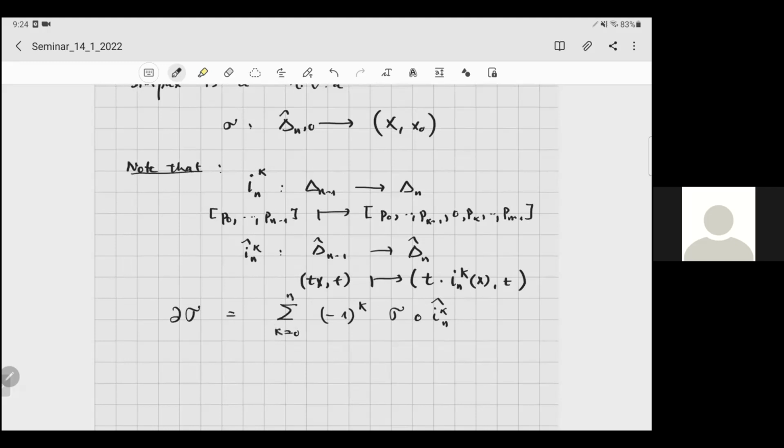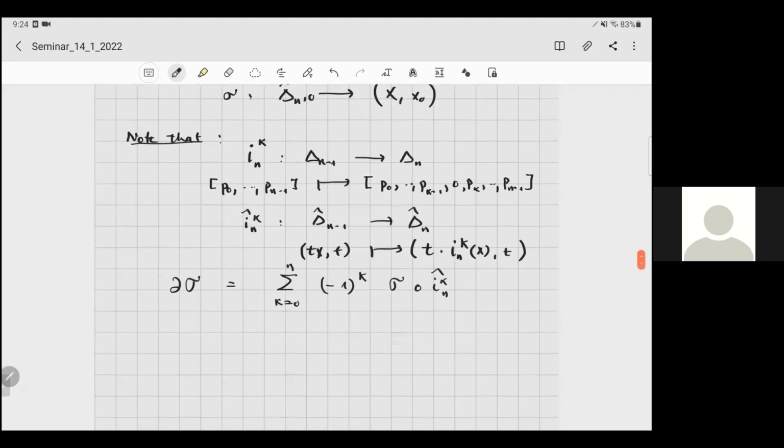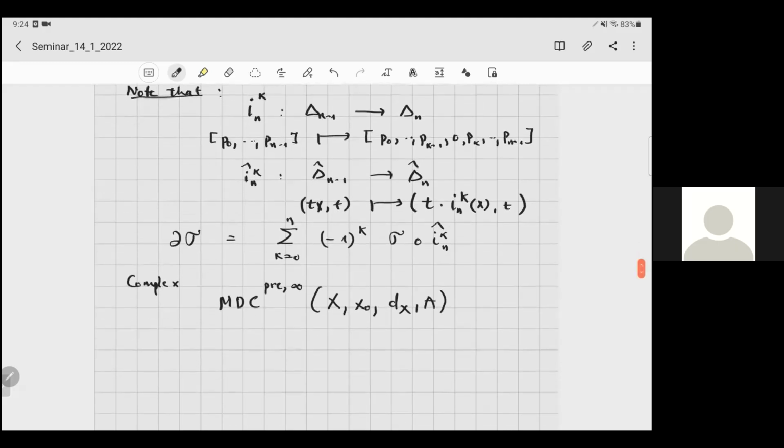We have the boundary map, and then the complex. I denote that by MD pre-C of (X, x0) with dx and an abelian group A. We take the chains, sums of a_i σ_i, where a_i belong to A. That's usual.